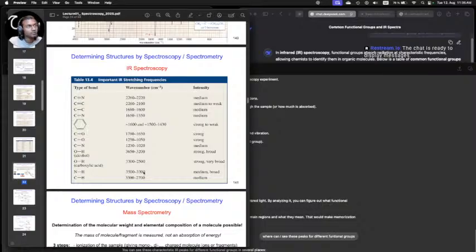1650 to 1550. Dude, the numbers are so messed up. Medium. That's the cyclic structure. That's benzene.